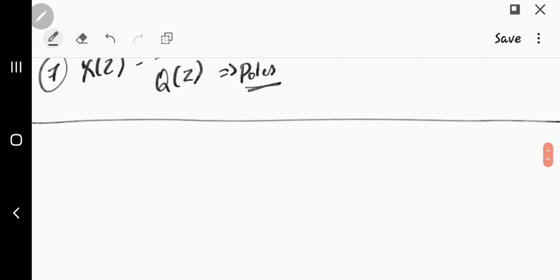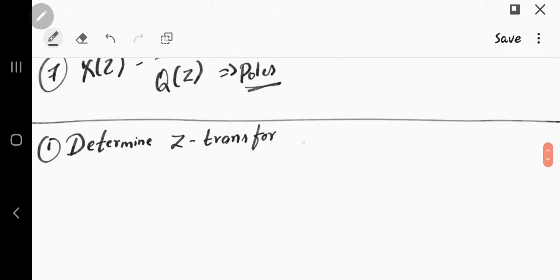example here. So first one, we have a problem. It says determine the Z transform and ROC for the following signals.